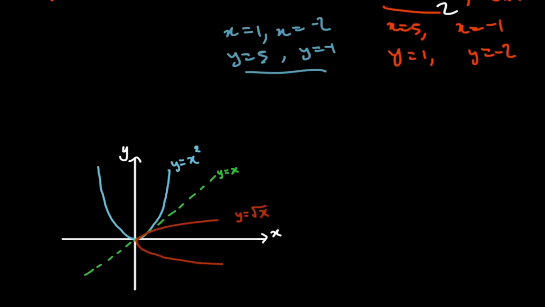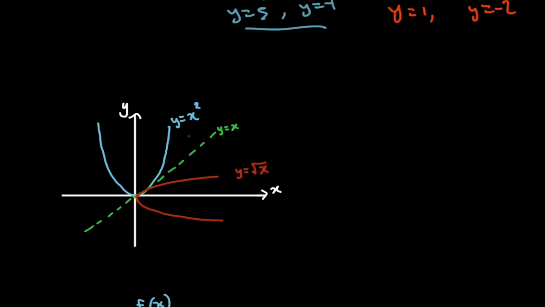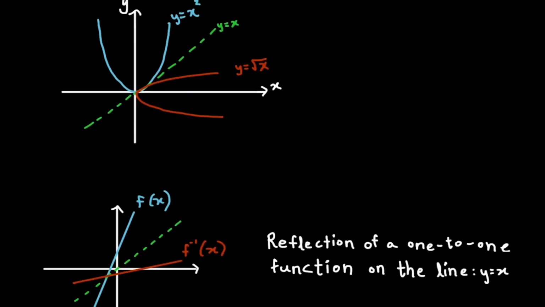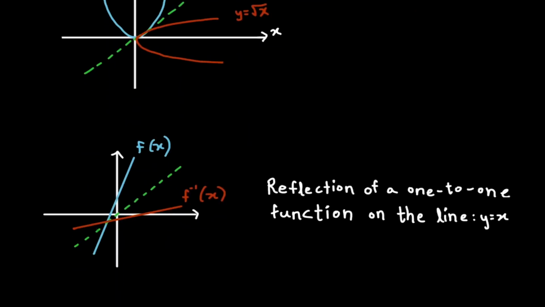Now let's see another example. This is the y equals x square curve, and its reflection is the y equals root x curve. The one thing to clear is that an inverse function only exists for a one-to-one function. Now why is this so? Because when a one-to-one function is reflected on the line y equals x, a one-to-one inverse function is produced.